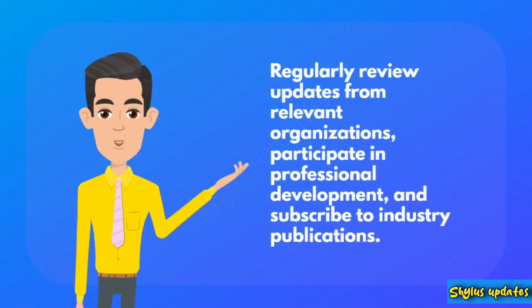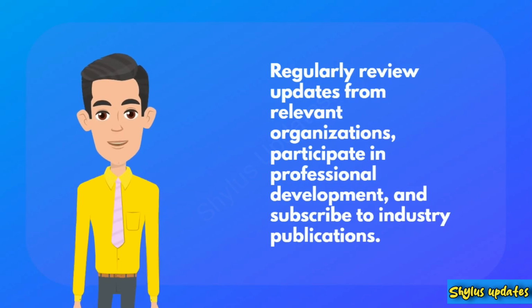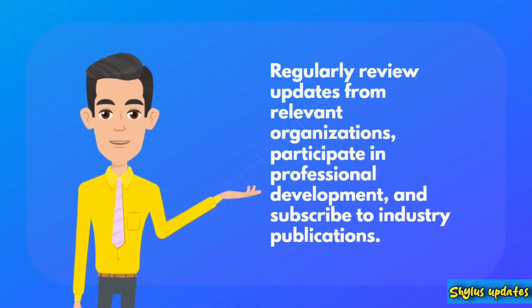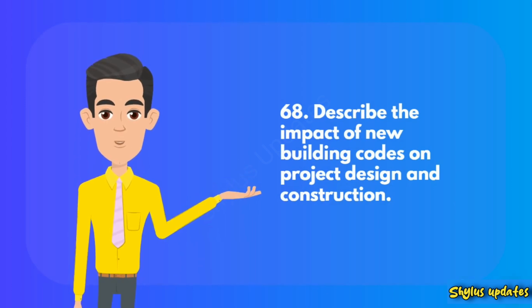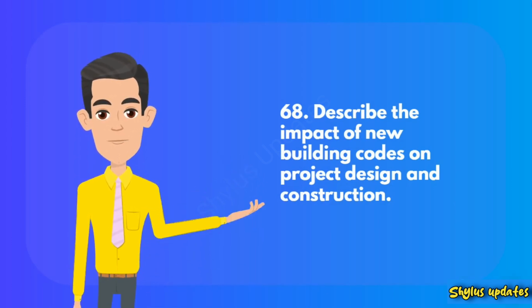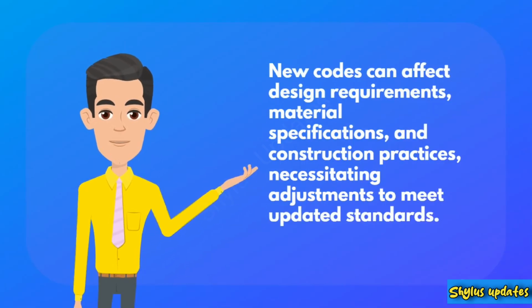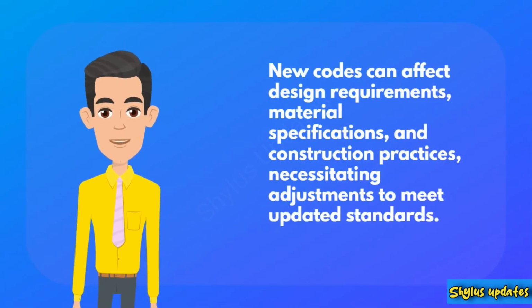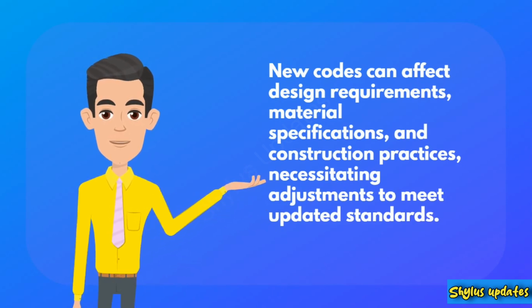Regularly review updates from relevant organizations, participate in professional development, and subscribe to industry publications. 68. Describe the impact of new building codes on project design and construction. New codes can affect design requirements, material specifications, and construction practices, necessitating adjustments to meet updated standards.